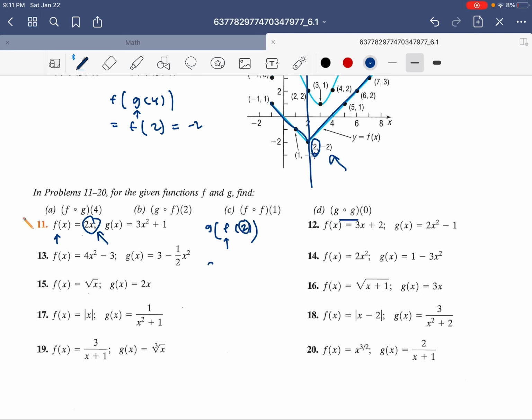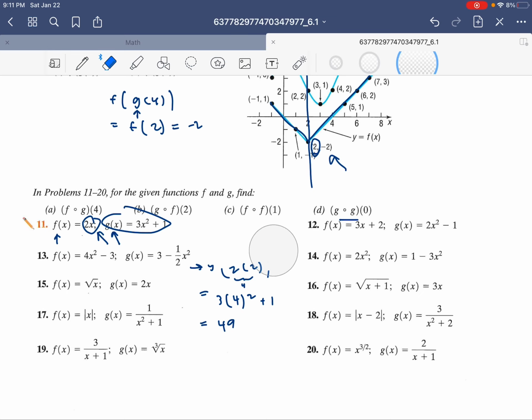So you get g(2(2)), and that gives you 4, right? Now you have to plug it into here, because g is on the outside. So 4 is your new x, and then you get 49, and then you have to do that for everything else.